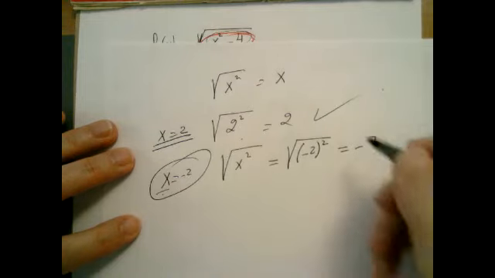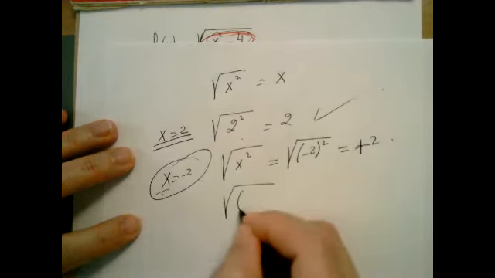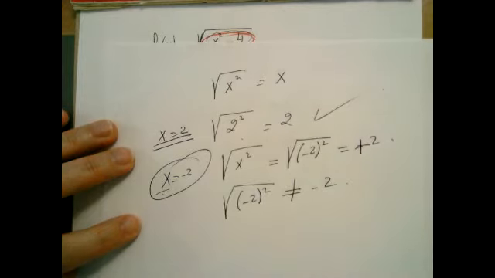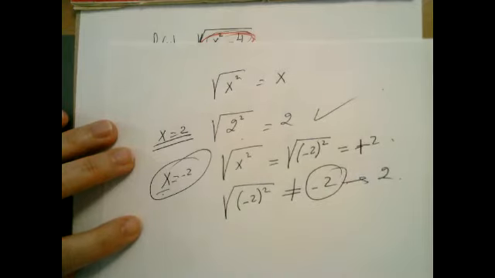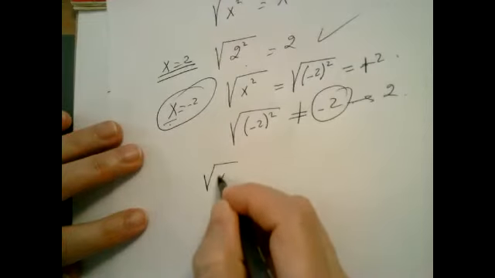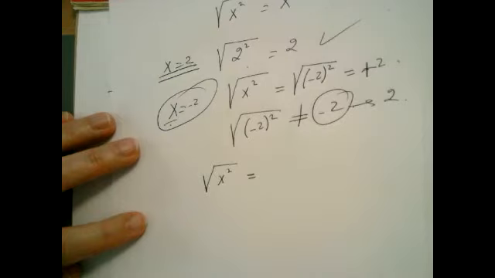What's the square root of that? This is also plus 2, so it's not x. So the square root of the quantity minus 2 squared is not minus 2, it's actually plus 2. So what is the square root of x squared? Unless we know that x is positive, the square root of x squared actually is not x.